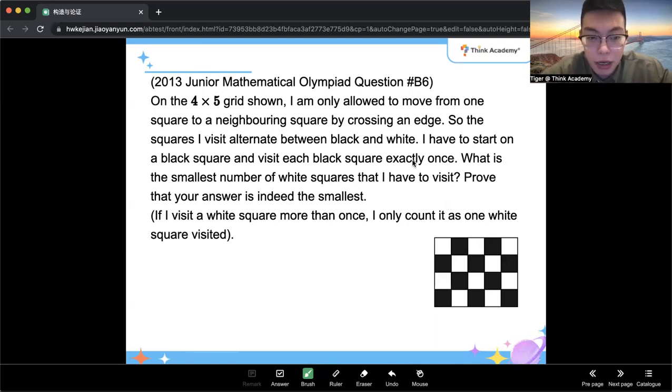So for example, in this question, it says that I am going through the squares, visiting the black and the white squares. So I need to go alternatingly between the black and the white squares. Is it these 5? I don't know. It might be a typo.